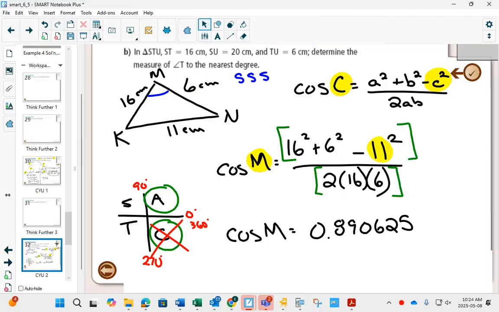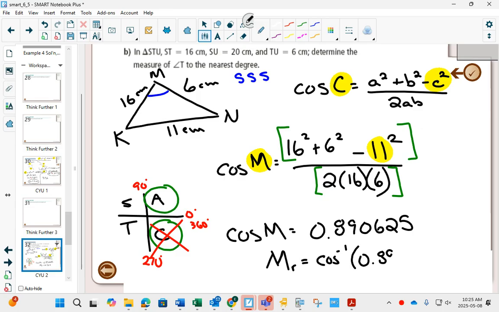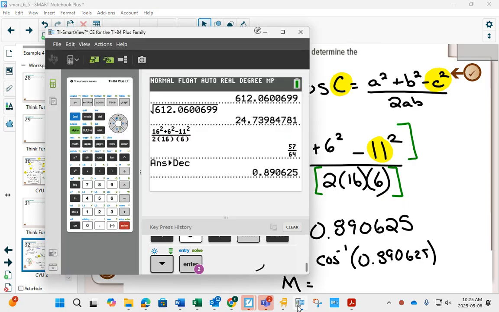find your reference angle, and in quadrant 1, does it make sense that your reference angle is exactly the same as your actual angle? So I can write, and maybe I'll write it with a little r here. My reference angle for M is going to be cos inverse of 0.890625. And then my reference angle equals my angle, so I'm going to just go to my calculator.